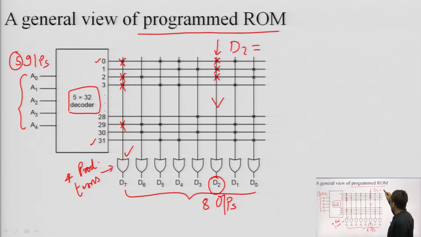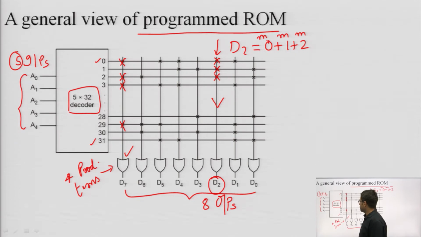So if your output D2 is equal to this first term 0 plus 1 plus 2, or we can say M0, M1 and M2, minterm 0, minterm 1, minterm 2. These are the 3 minterms which, when added together, will provide you the D2 output. So similarly, you can have any set of input and output. This is the general programmed view of ROM.